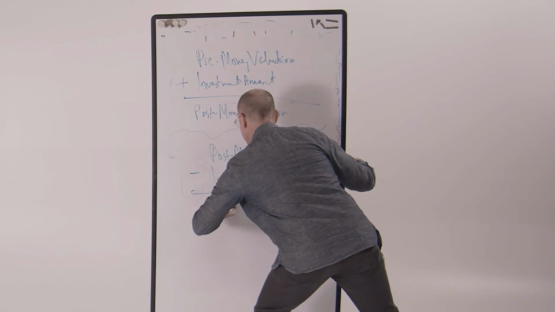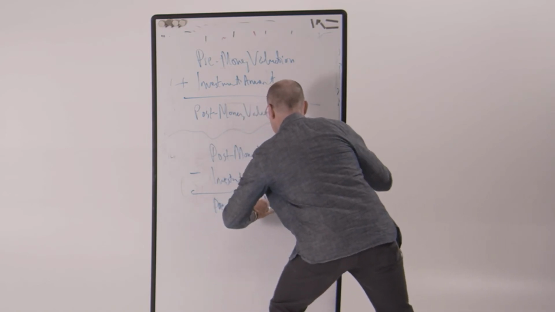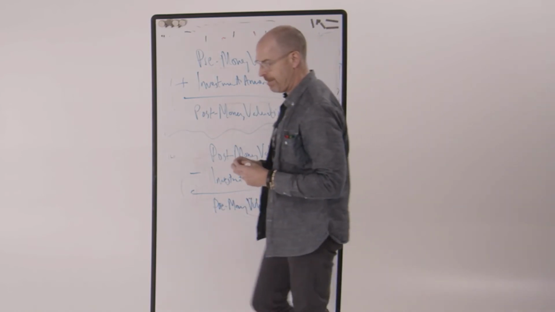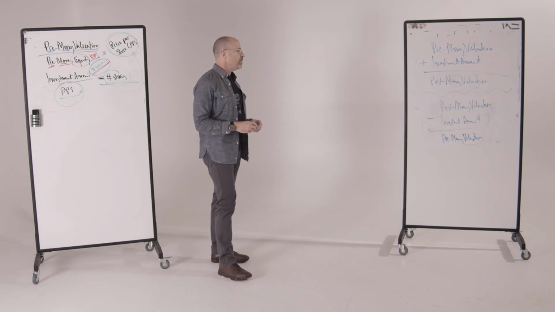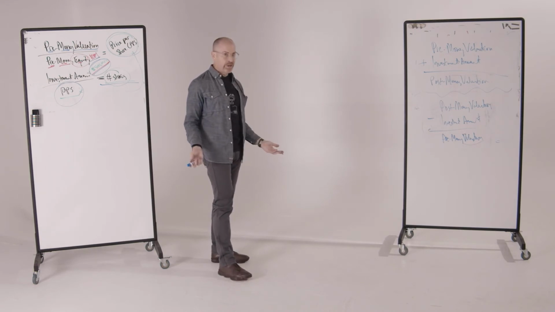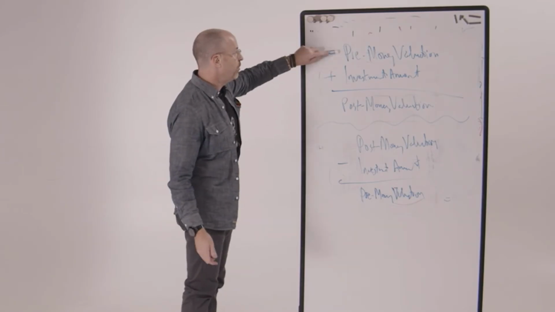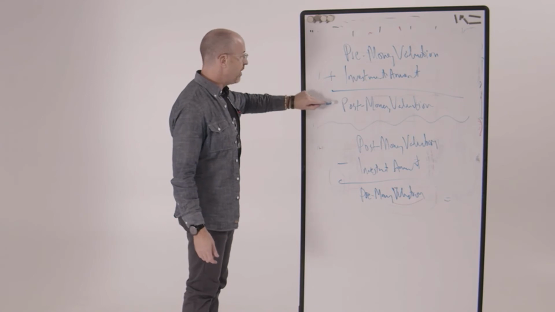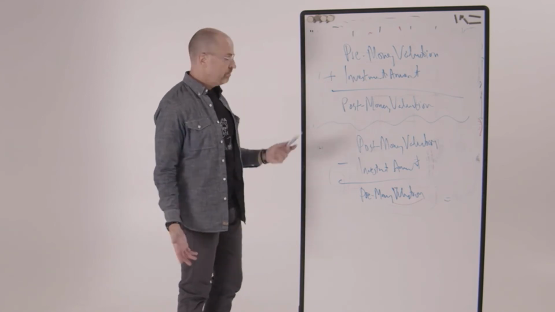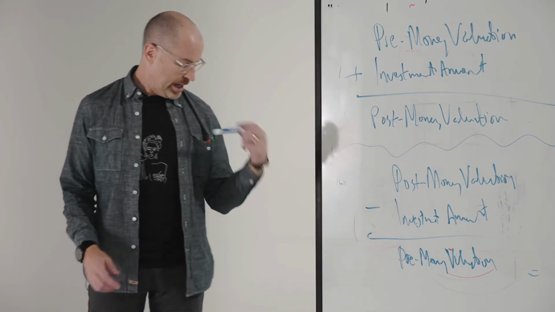I just turned it upside down. If pre-money valuation is a valuation of the company before the money is invested, post-money valuation is the valuation of the company after the money is invested. It's as easy as that. If the pre-money valuation is $4 million and the investment amount is $1 million, the post-money valuation is $5 million. $5 million minus $1 million equals $4 million.